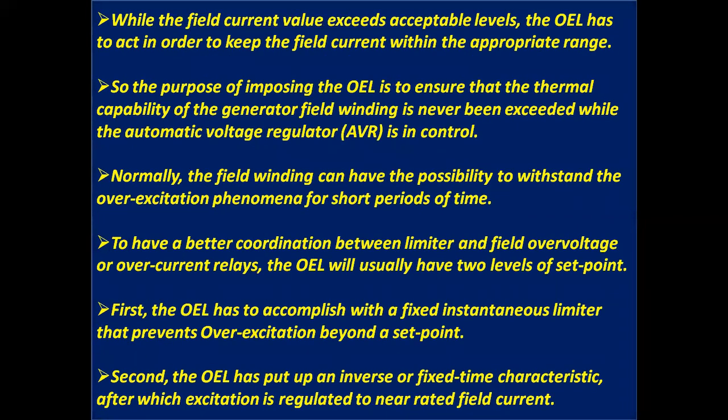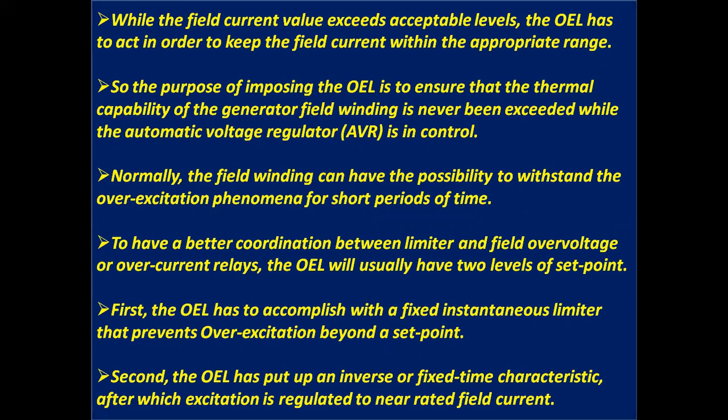While the field current value exceeds acceptable levels, the OEL has to act in order to keep the field current within the appropriate range. So the purpose of imposing the OEL is to ensure that the thermal capability of the generator field winding is never exceeded while the automatic voltage regulator is in control.